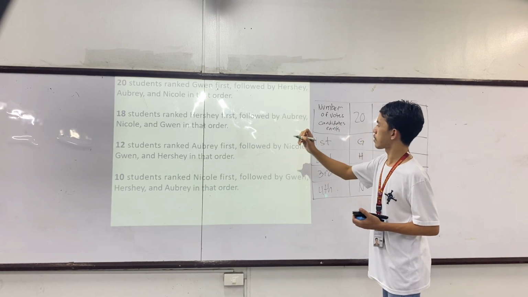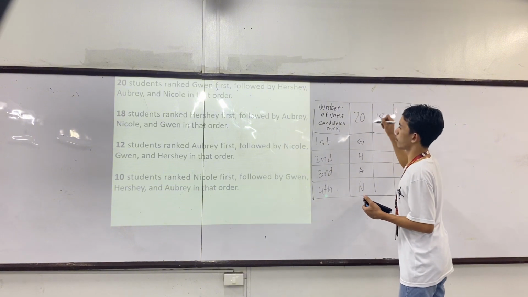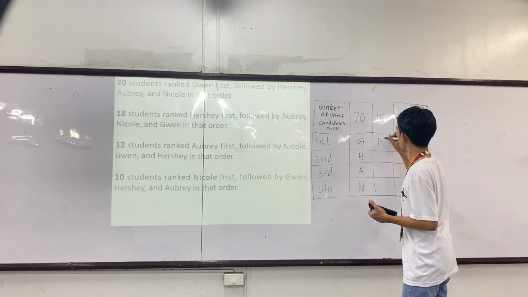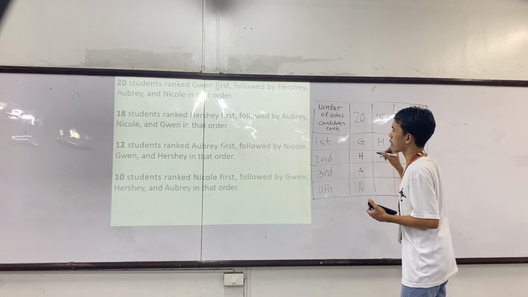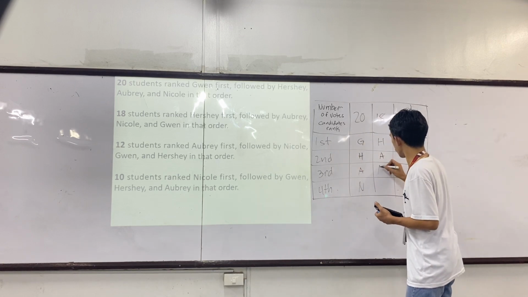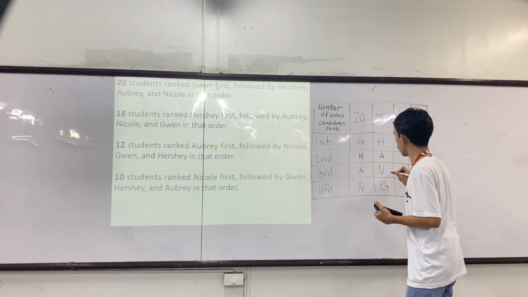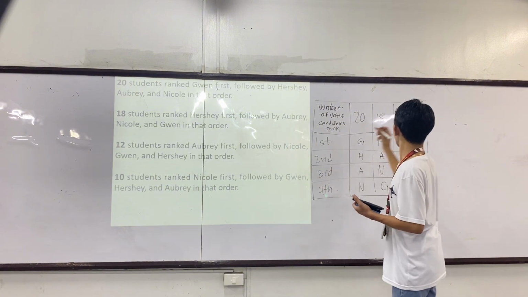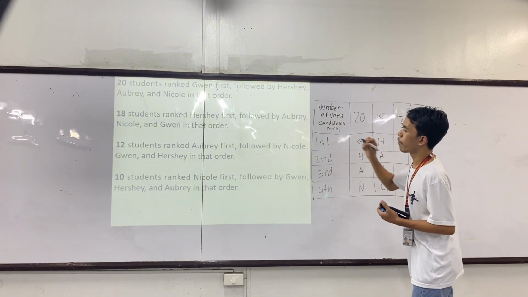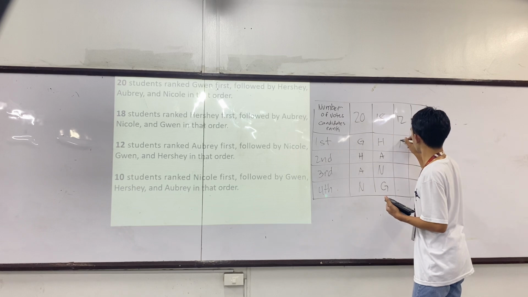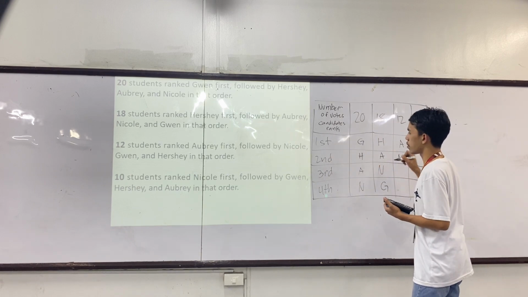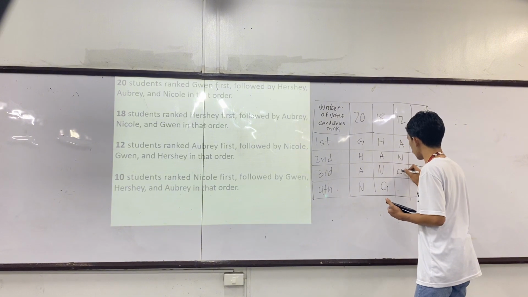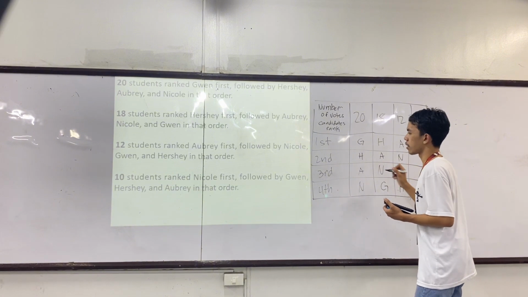There are 18 students who vote for Hershey first, followed by Aubrey, Nicole, and Gwen. There are 12 students who vote for Aubrey, followed by Nicole, Gwen, and Hershey.